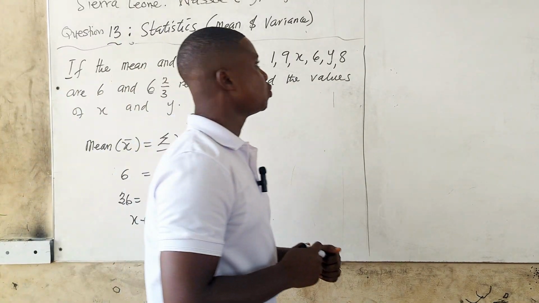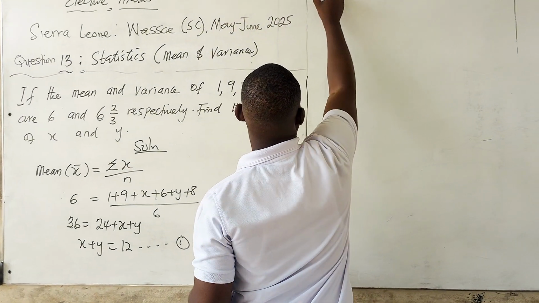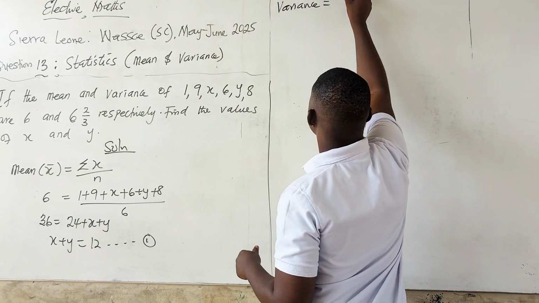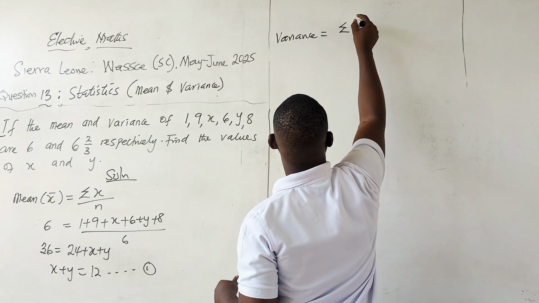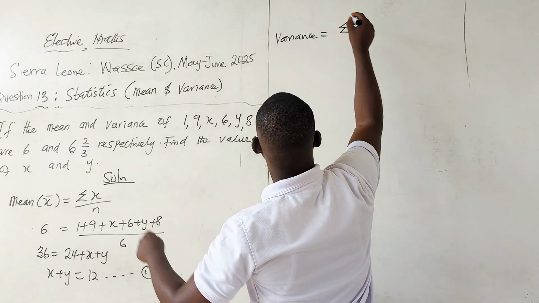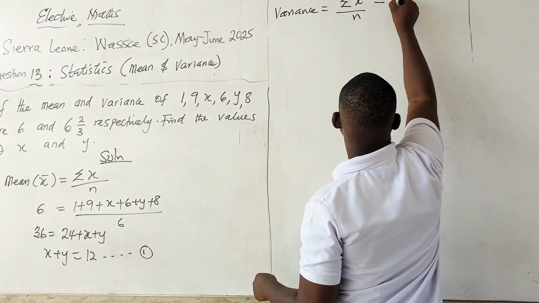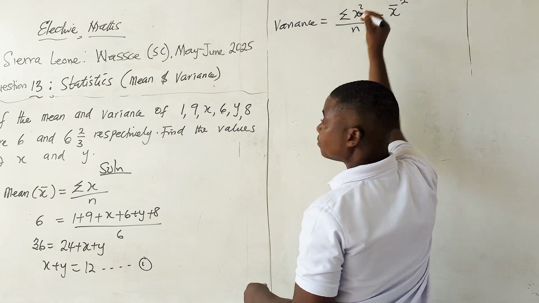Now, we come to the variance. And variance is sigma x squared over n minus the mean squared.